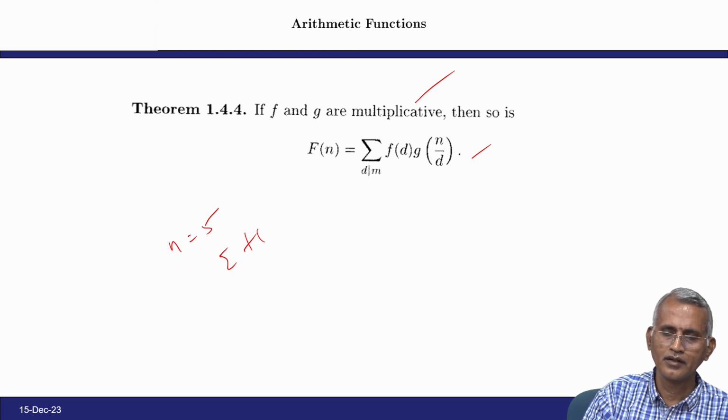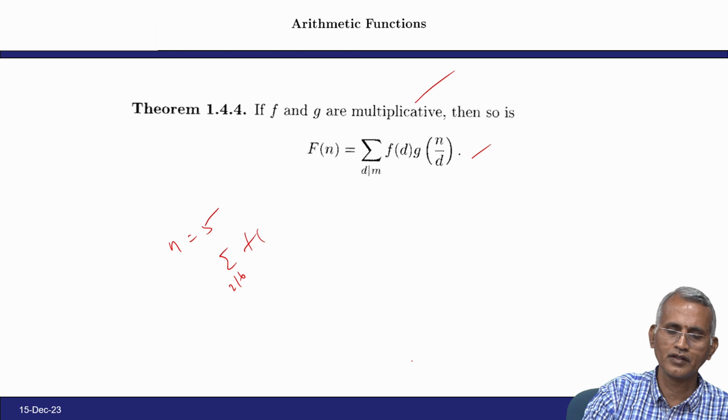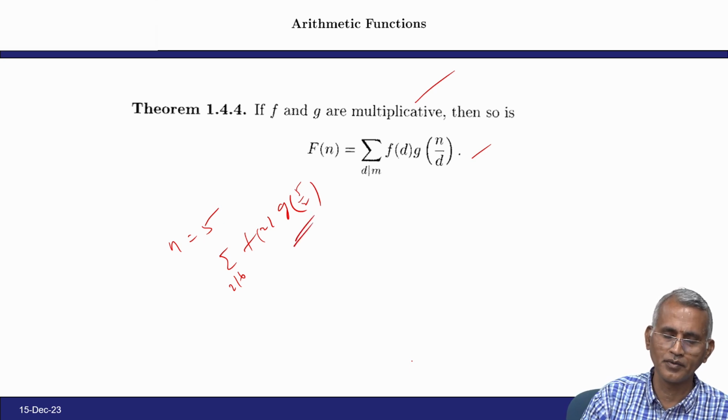So, what are all the divisors of n that you have to find out? Say for example, if 2 divides 6, that is 6 divided by 2, and then f of 2 into g of 6 by 2, if it is possible then only we can do that, otherwise it is not possible.